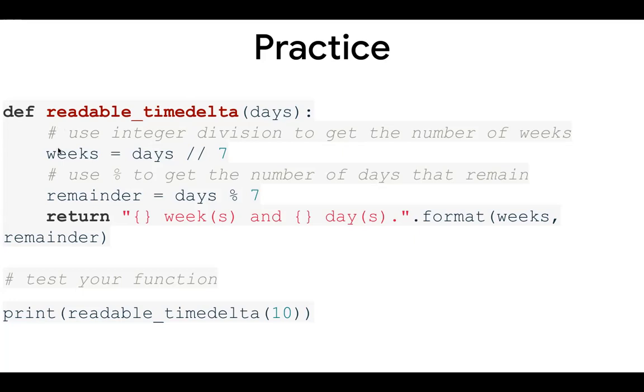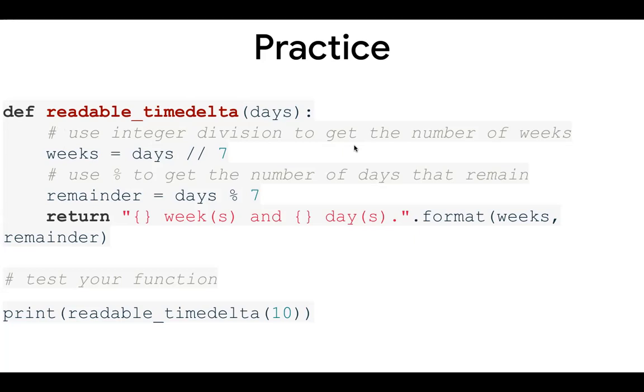Then we use the two slashes division operator, which calculates the integer value. So 10 divided by 7. If we just use one division sign, then 10 divided by 7 will be a float. But if we want to extract only the integer, we need to use two division signs.